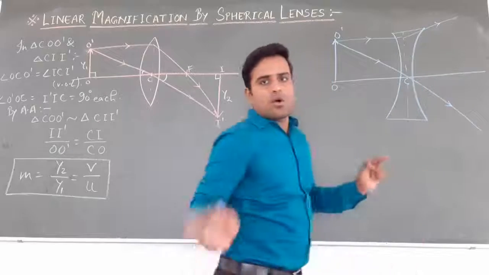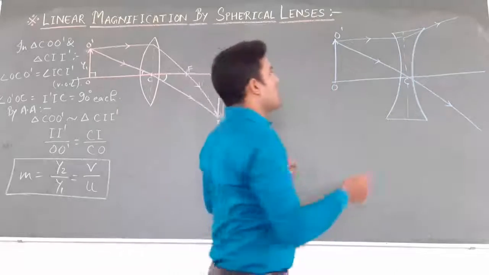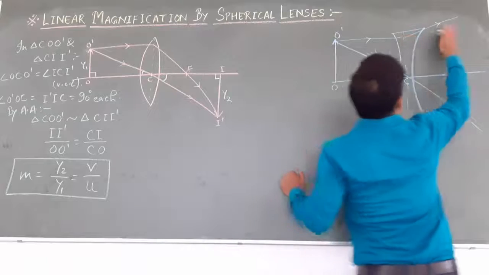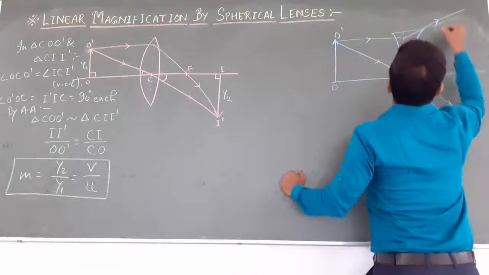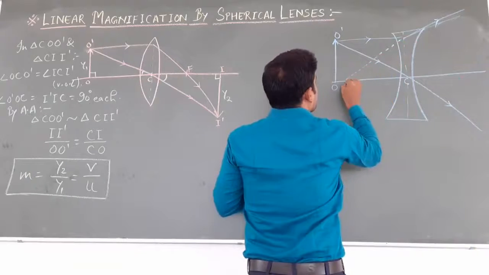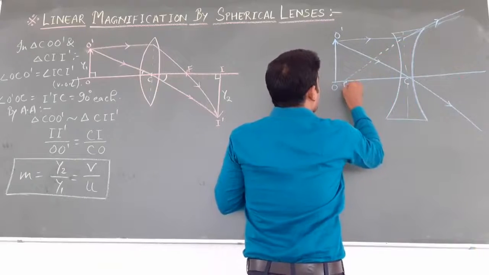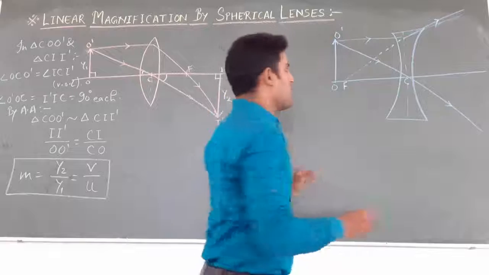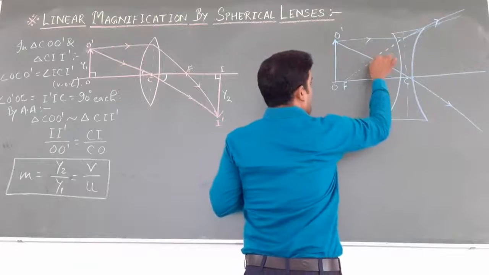Now both the rays are not meeting at a point, so how will the image form? We will produce the ray which is going outside the lens backward here, and it appears to come from the focus F, and here our image I dash will fall.